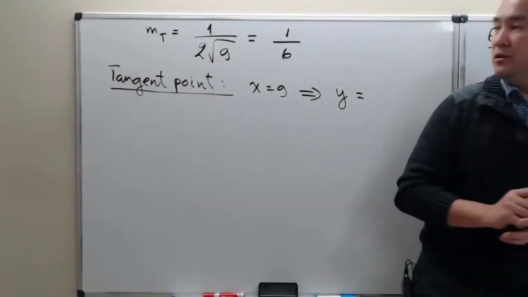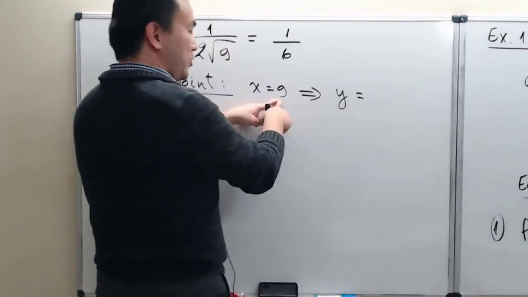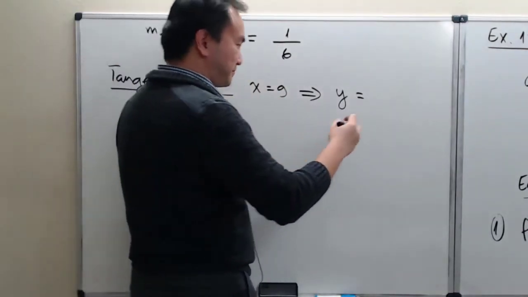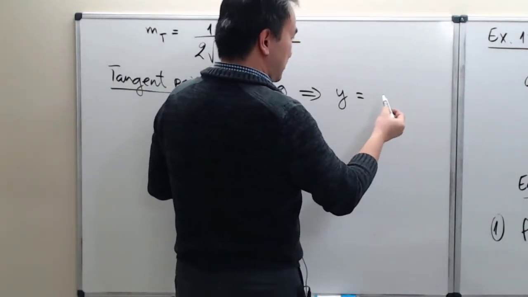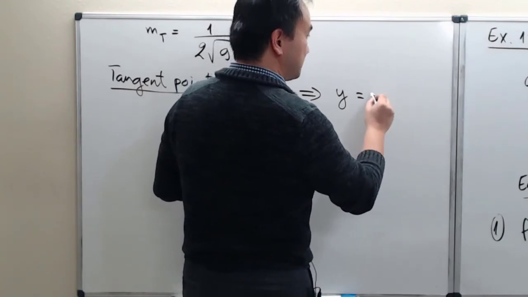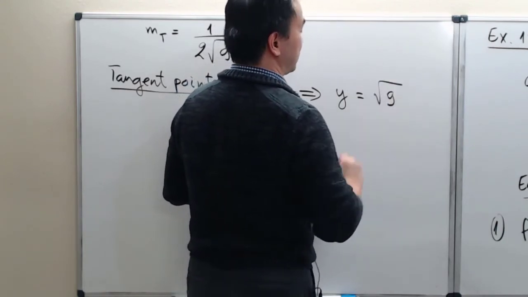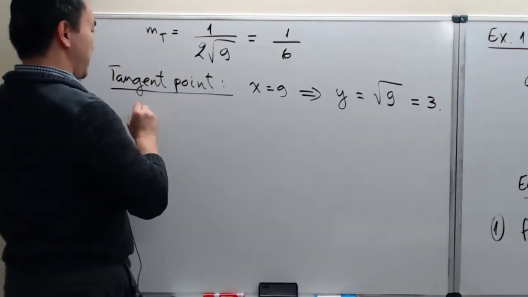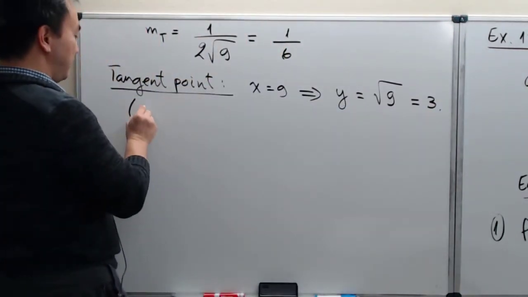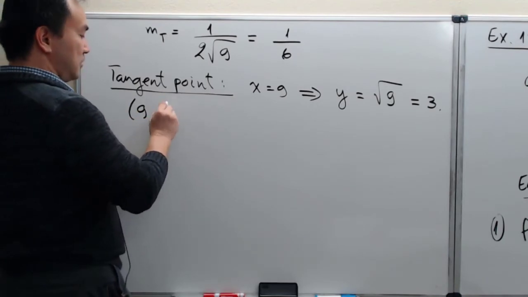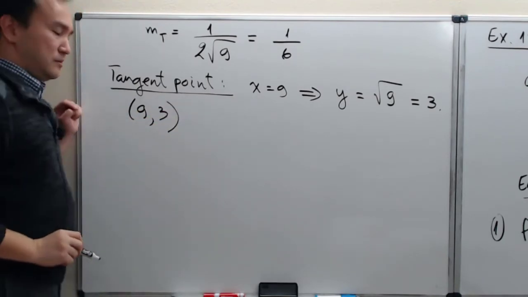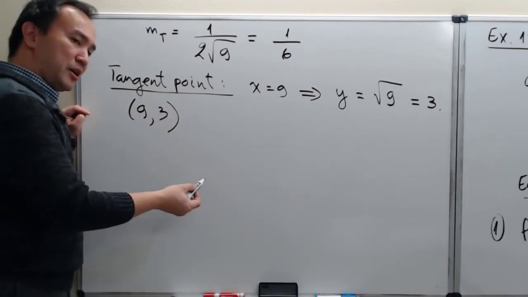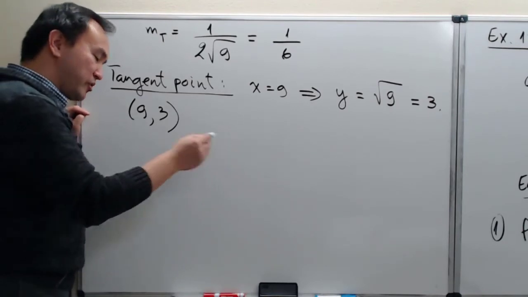So we substitute the easy value into the original function. Now it's square root of 9, and that is 3. So my complete tangent point is (9, 3).